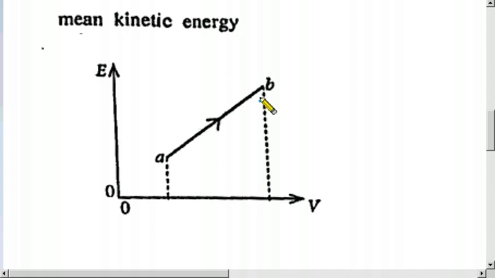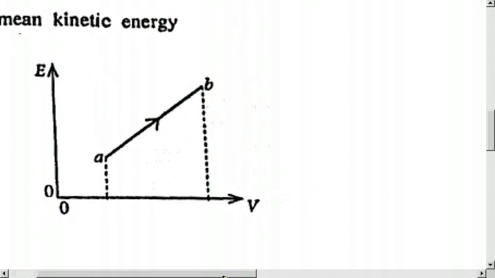Gradient at A is equal to gradient at B, and everywhere the gradient is constant. So it is a linear graph like this, crossing the 0, 0 point. Therefore we can begin from that.